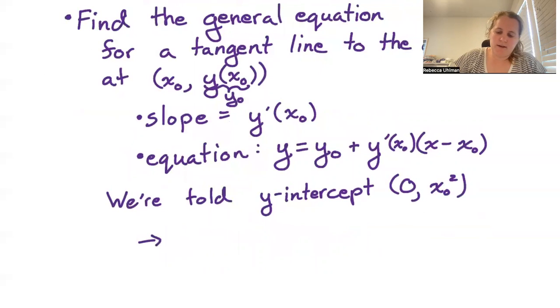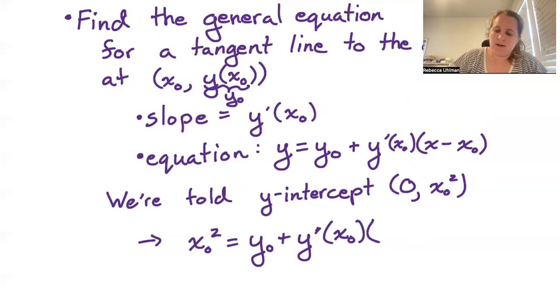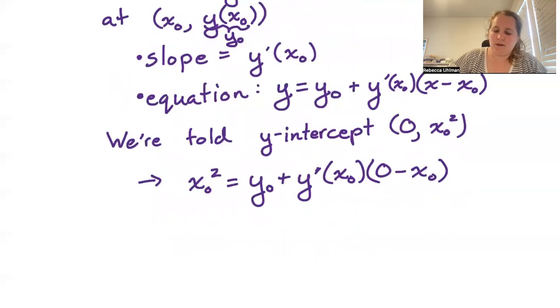So what this means then is we have x naught squared is equal to y naught, or y of x naught, plus y prime of x naught times 0 minus x naught. So we have x naught squared is equal to y naught minus x naught times y prime of x naught.